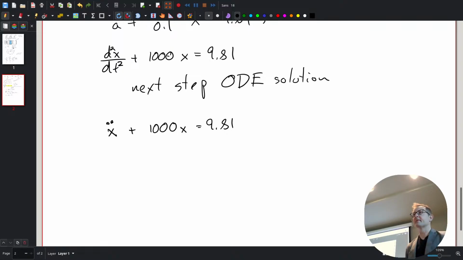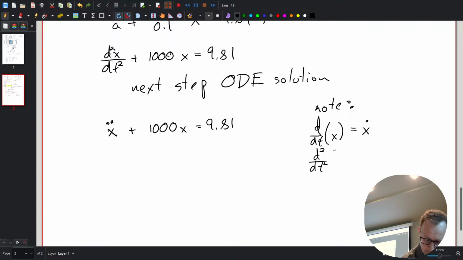Where the dots, have you seen those dots before? No? Cool. We're trying something new then. The more derivatives you have, the more dots you have.